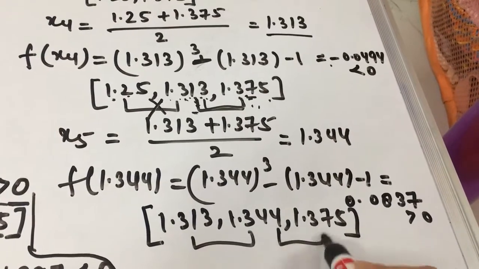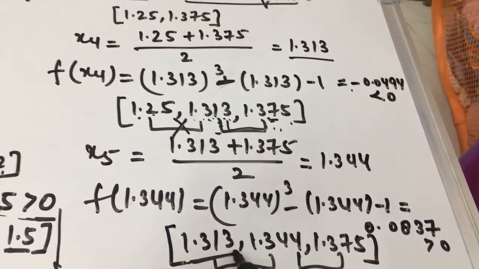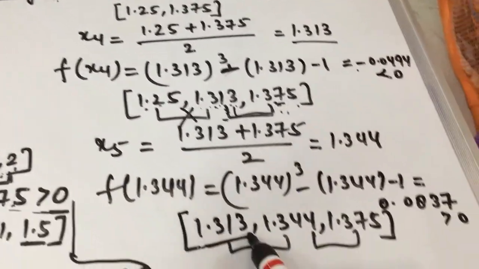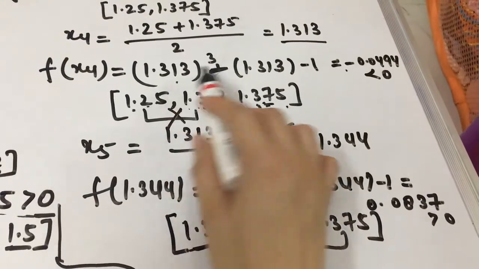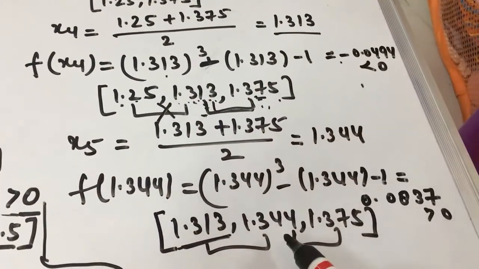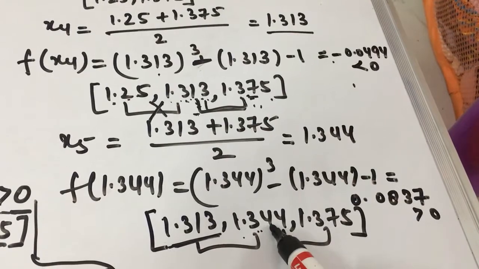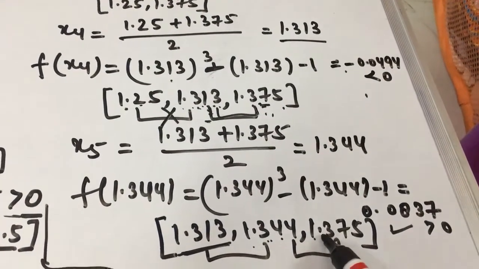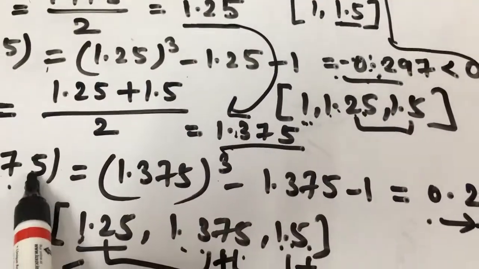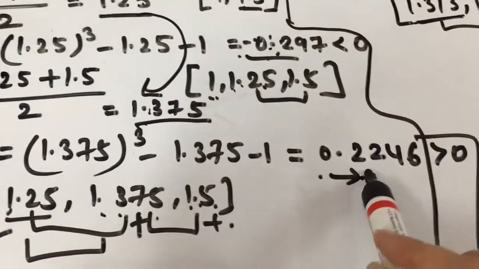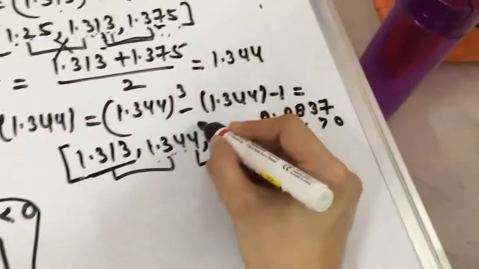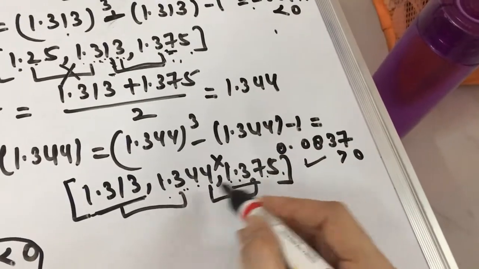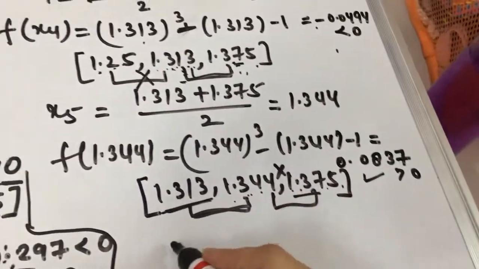Now we will see between these intervals. The value of the function at point 1.313 is negative. At point 1.344 it is positive, and at 1.375 its value is positive. Hence the root can't lie in this interval. So the root will lie within the other interval.